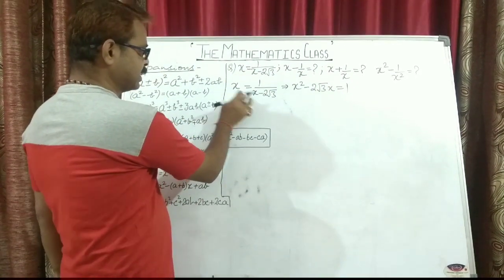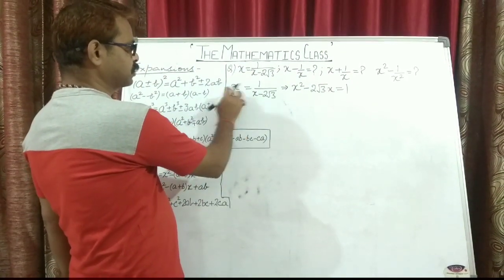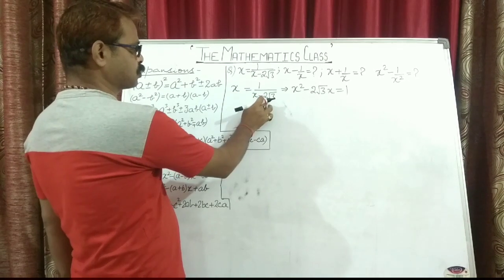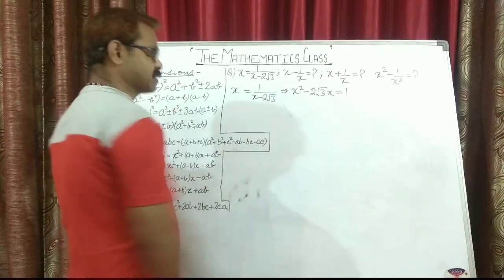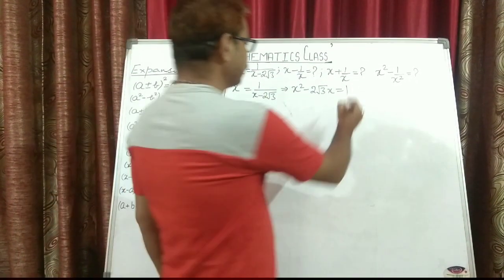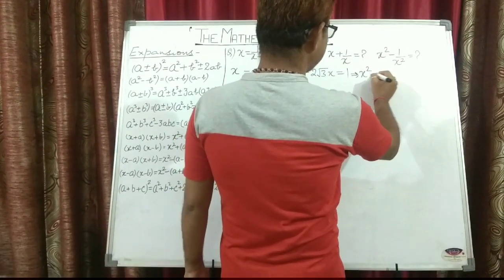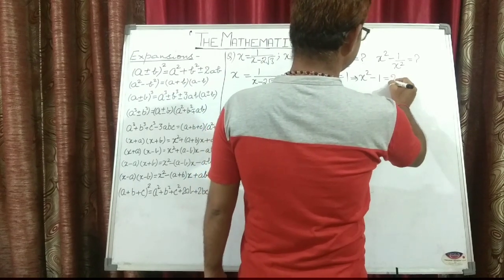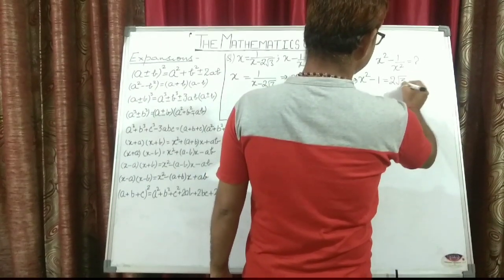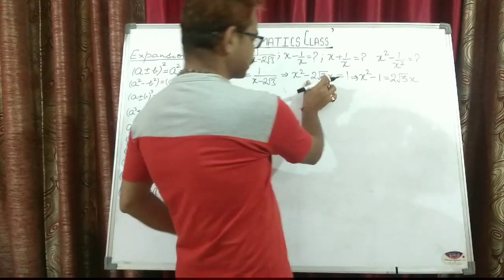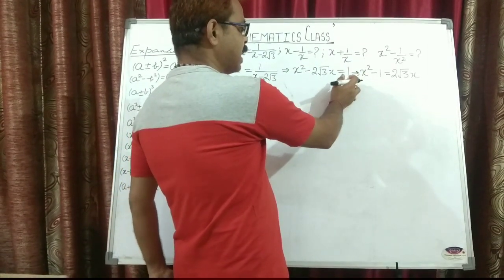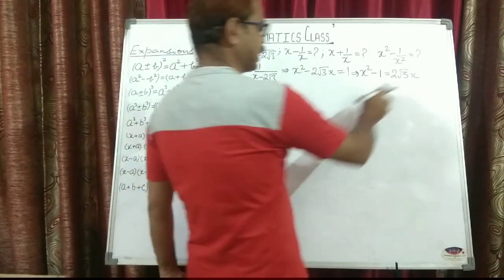This x came to the side, so x into (x minus 2 root 3), x into x is x square, and x into 2 root 3 is 2 root 3 x. So that is this. Now this can be written as x square minus 1 is equal to 2 root 3 into x. Means this whole term moved to that side, and x and 1 came to this side, like this.